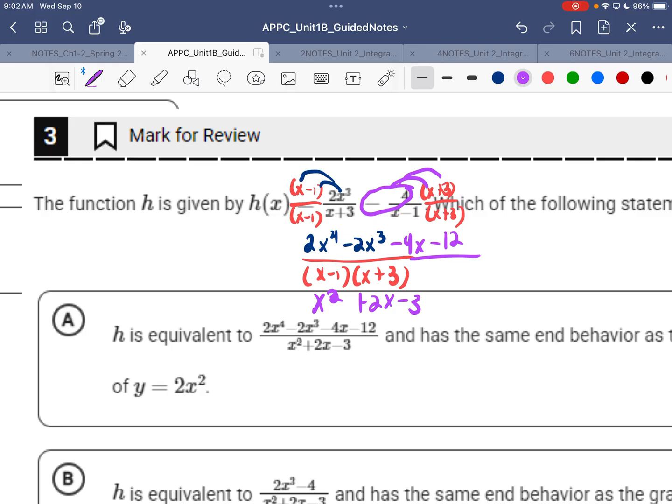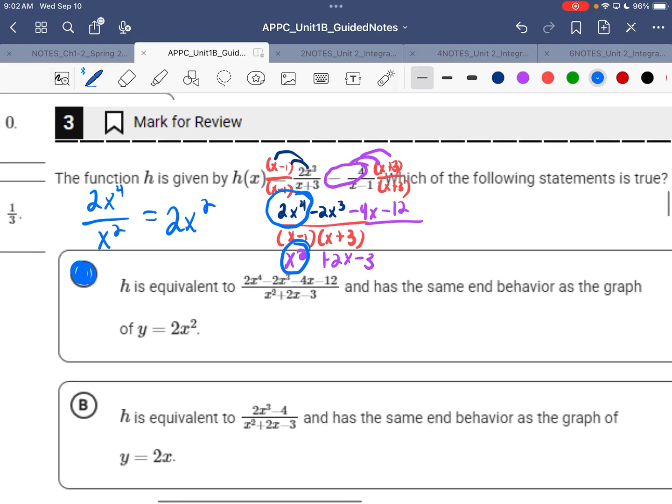Looking at their degree difference, the numerator has a 2x to the 4th, the denominator has x squared. So 2x to the 4th over x squared simplifies to 2x squared. Another reason why it's A. I think that was tricky just if you didn't know how to get them to be one fraction. You might have picked B instead.